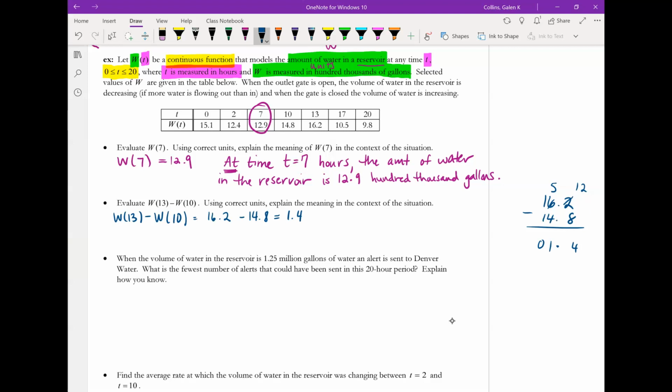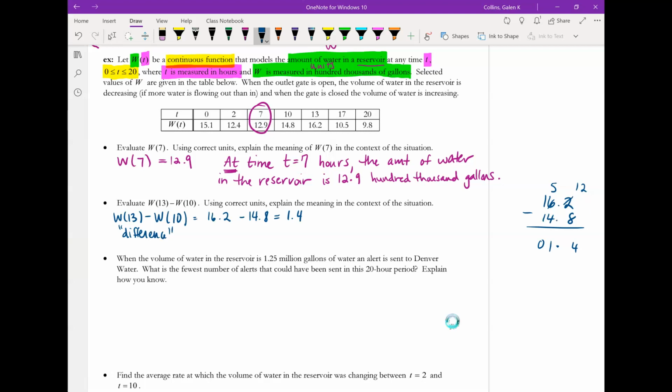And again, when we evaluate, we don't need any units. We're just going to write the numbers that we get. Using correct units, though, explain the meaning in the context of the situation. So anytime we subtract, really, this is a difference. And that's a word that we could use as we're explaining this in context.